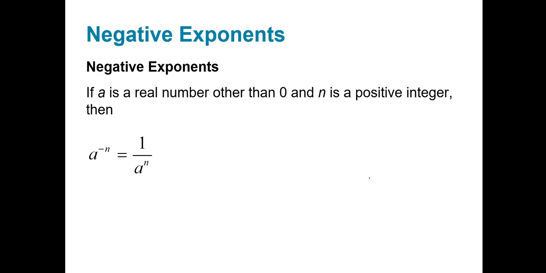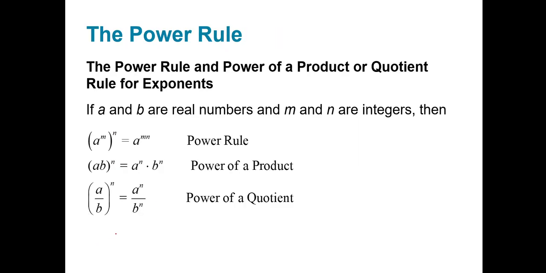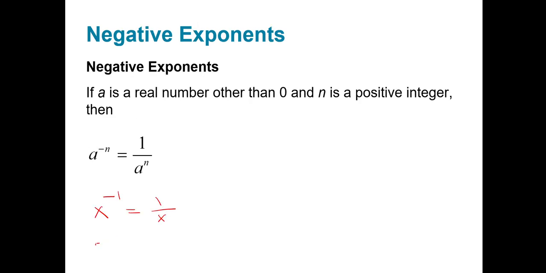Now we have the negative exponent rule. It simply means we do not want your final answer to have an exponent that is negative. So if you have x to the negative 1, we are going to rewrite this as 1 over x. If we have b to the negative 1, that's just going to be 1 over b.